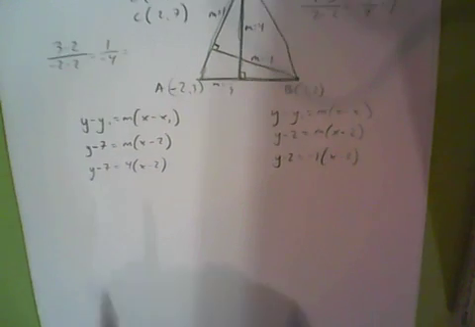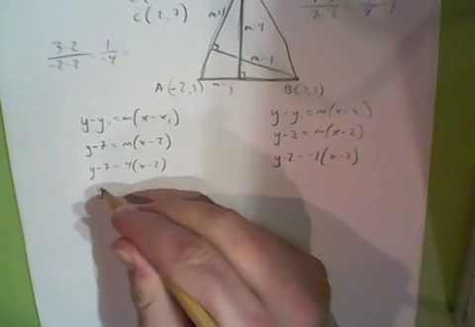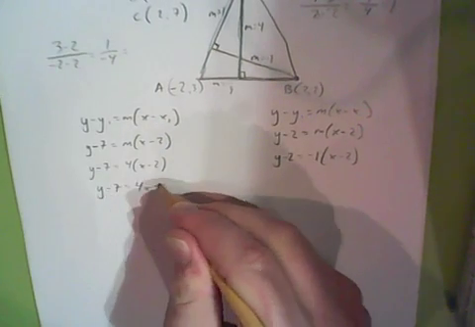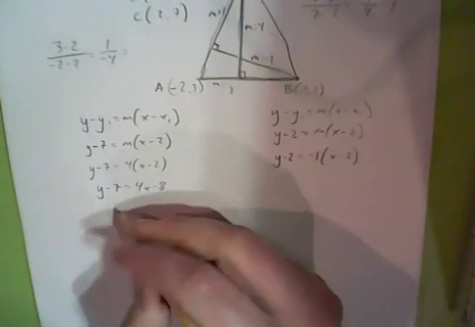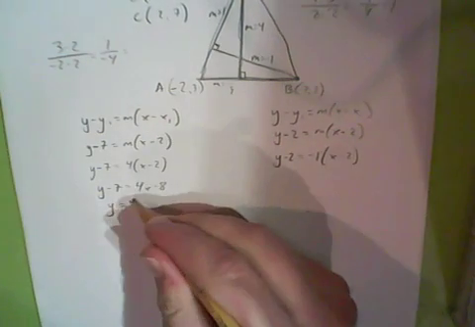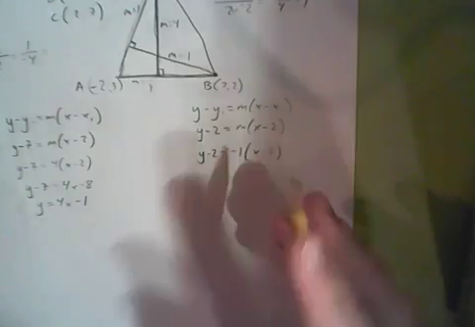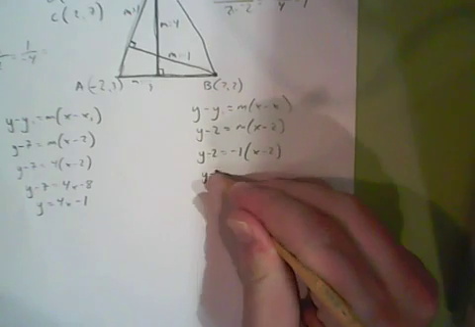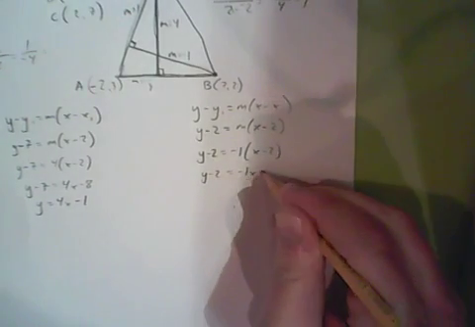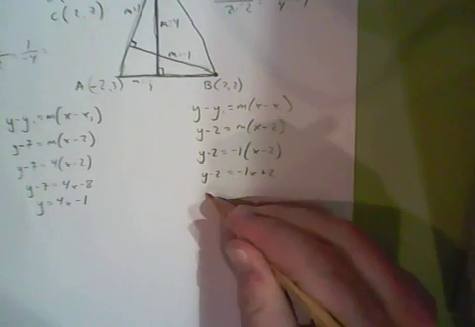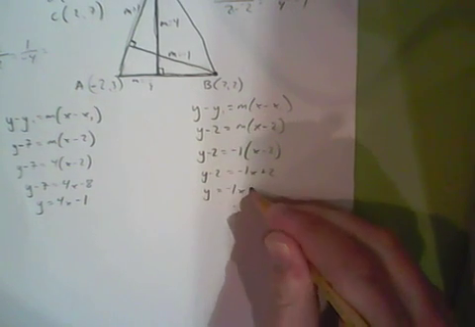Alright, now I can solve both of these equations for y. So y minus 7 is equal to 4x minus 8. Add 7 to both sides, and I have y is equal to 4x minus 1. On this one, y minus 2 is equal to -1x plus 2. Add 2 to both sides, so y is equal to -1x plus 4.